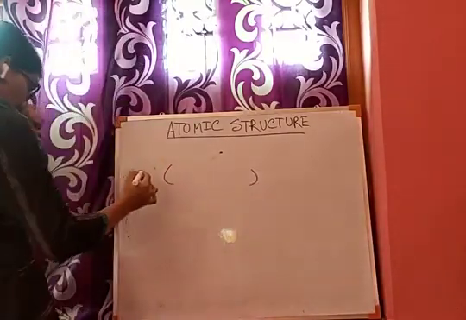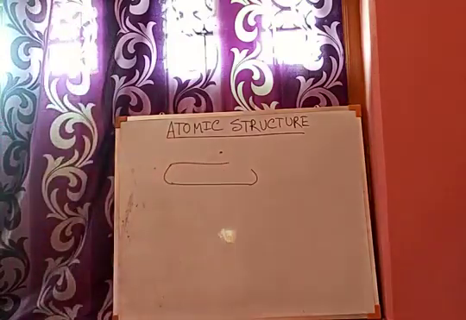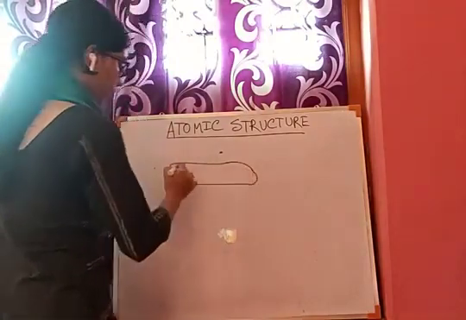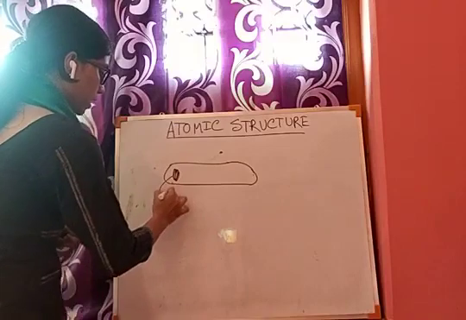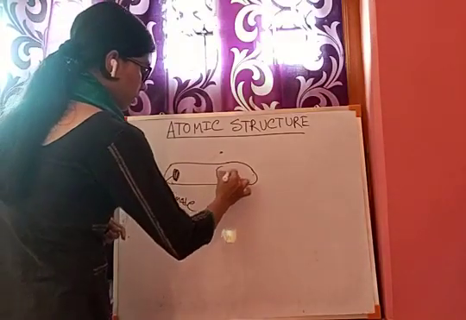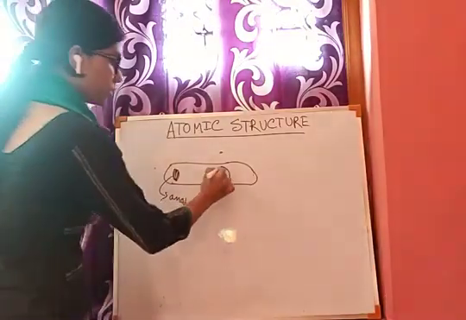Here is the discharge tube. This is the anode, and here, instead of a normal cathode, a perforated cathode is taken.